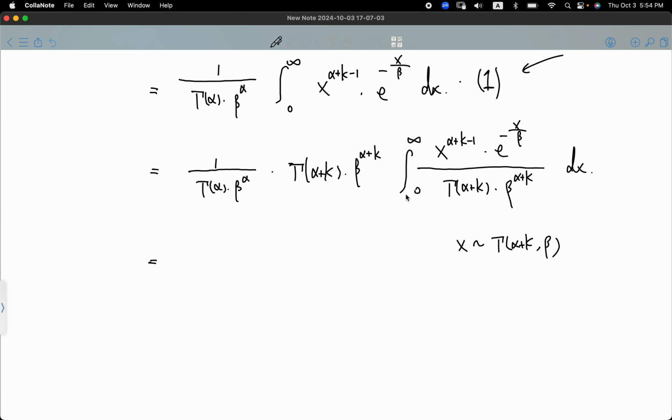And as I mentioned earlier, when you integrate this whole probability density function, it should give you 1 as well, because you are evaluating the integral over its own support. So in the end, you are left with the following expression: gamma of alpha plus k, and then the original normalizing constant from the random variable x.